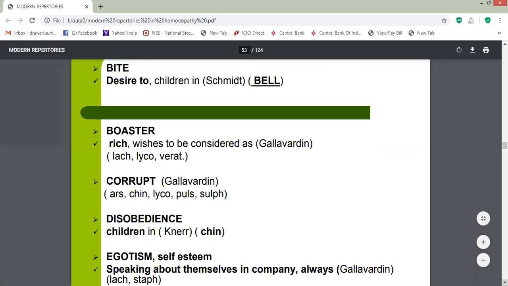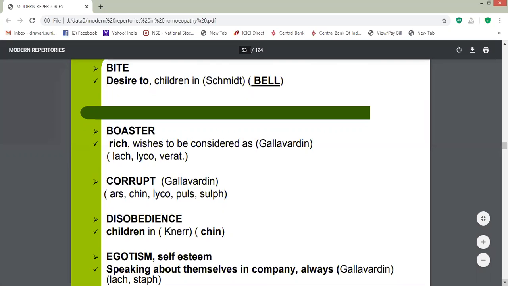Then boaster, rich, wishes to be considered as, which was taken from Gallaverdin's work, and indicated medicines are lachesis, lycopodium, and veratrum. Corrupt, which was taken from Gallaverdin's work, indicated medicines are arsenic, china, lycopodium, pulsatilla, and sulfur.